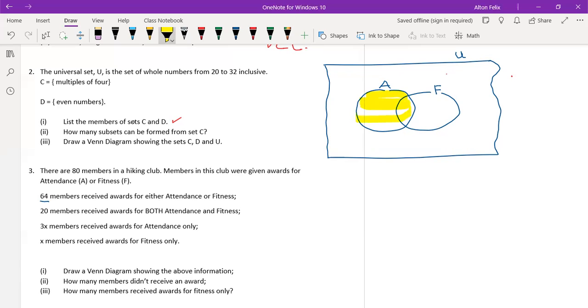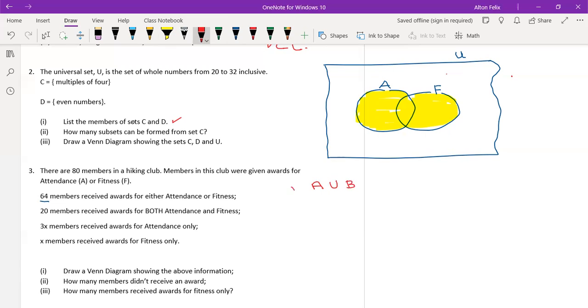So it will be all those members inside both set A and set F. So that is something we should bear in mind. Now, if we are using set notation, this is what we are really talking about. So that set is represented by A union B.